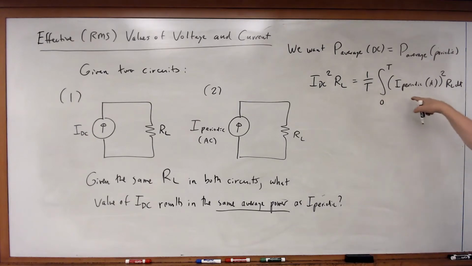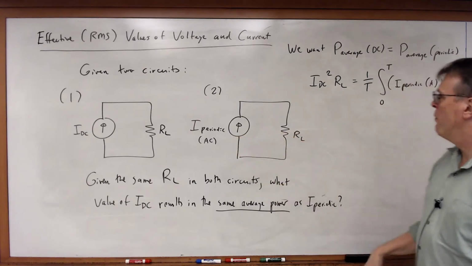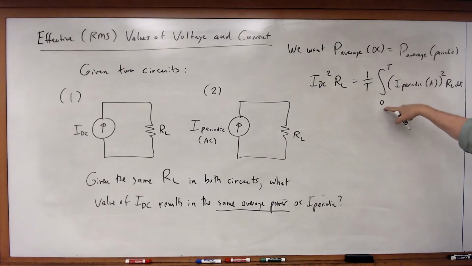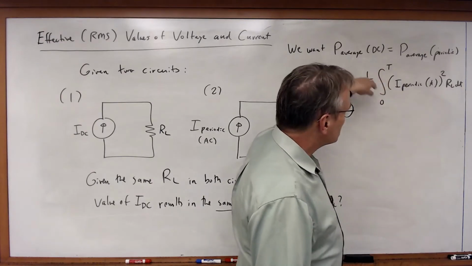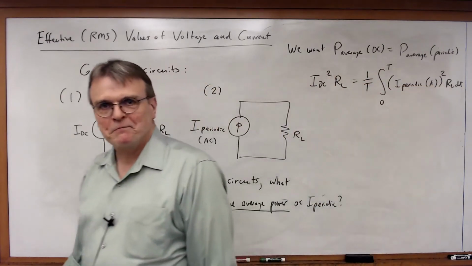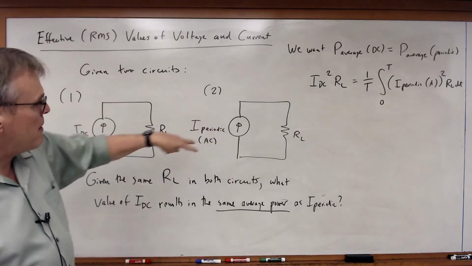So all we're doing here is we're taking the periodic waveform and integrating from 0 to T, so we're assuming T0 is just 0 to make it easy. And then we're just applying the definition of the mean, the average value of the I squared R function. So we're taking the same I squared R and we're just looking at the average value. Okay? So I'm now comparing the two.